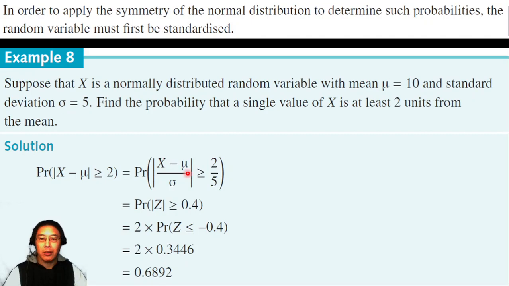Now that amount on the left has been standardized, so we substitute that value, and from the previous example, we can make it equal to double that probability without the modulus, and we get the final numerical answer. So really remember to use that formula and turn it into a standardized form for the probability.